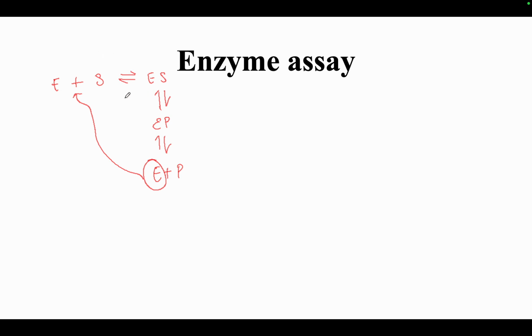scheme of enzyme substrate interaction. By enzyme assay we can measure different moieties, like we can measure substrate and product concentration. The substrate here is getting utilized, that is, it is getting converted into product. So we can measure substrate depletion, and also we can measure product formation.